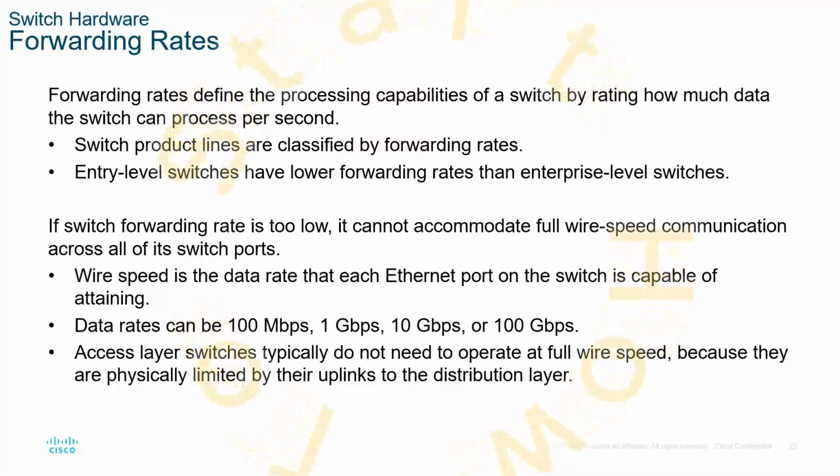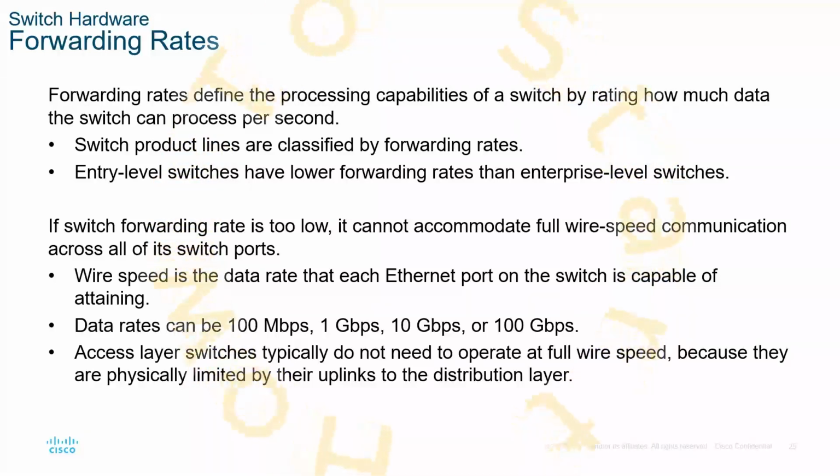Well, they're going to be limited to how much they can forward based off of how many ports they have. An ISP level switch, because of, again, the increased amount of port density, has to have additional resources to be able to manage all of those, so they have a much higher forwarding rate because they can have additional ports.